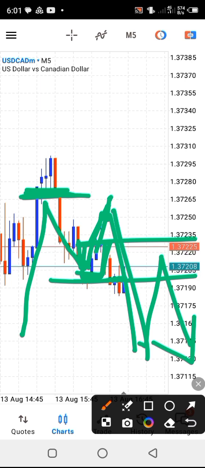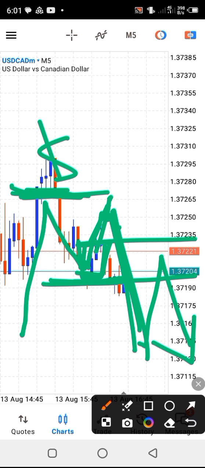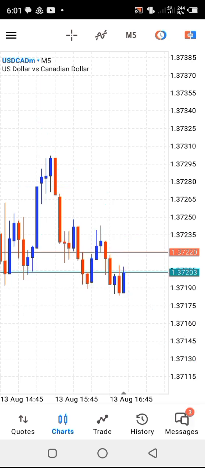For a breaker block, the price movement would have gone above this level to take the liquidity resting above before collapsing to take the liquidity resting below the order block. But for a mitigation block, the high is not going to be taken, and if it's the other way around, when it's a bullish mitigation block, the low will not be taken.